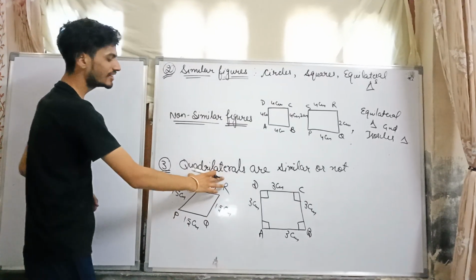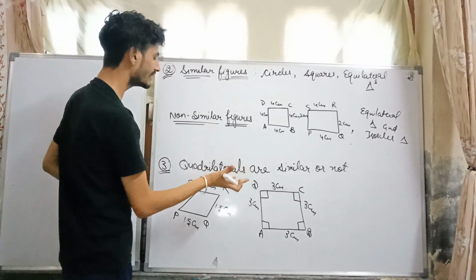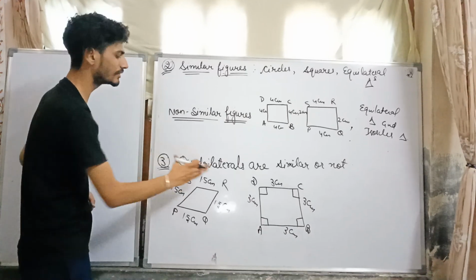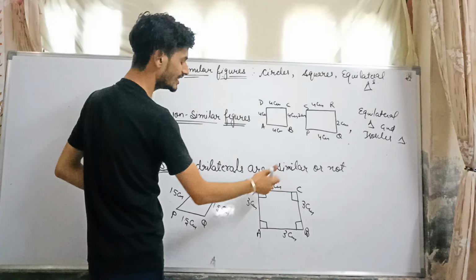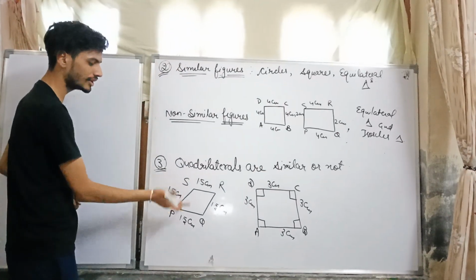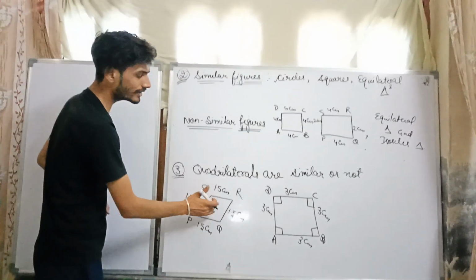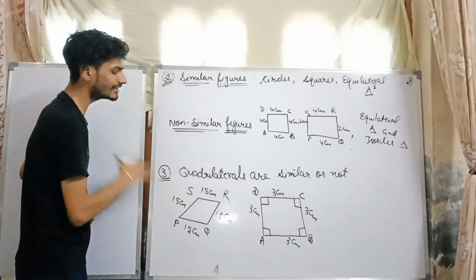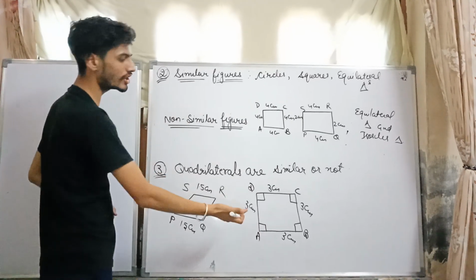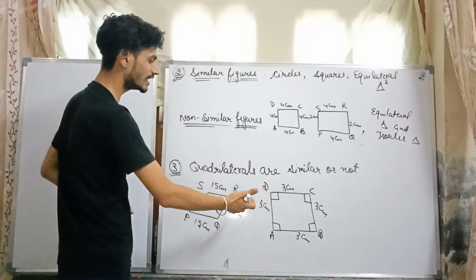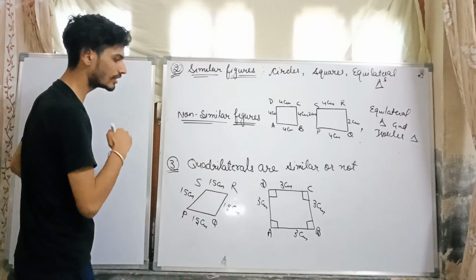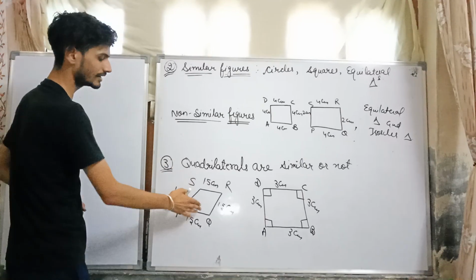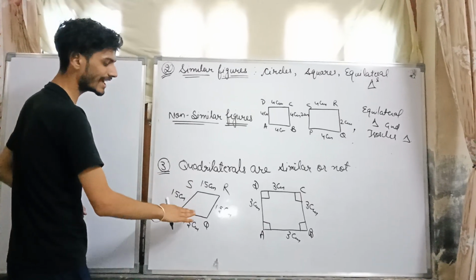The third part is to provide the similarity or non-similarity conclusion about the quadrilaterals. So if we have PQRS as a quadrilateral and ABCD as a quadrilateral, then in the first shape we know that no angle of 90 degrees is maintained, but the second shape provides angles of 90 degrees. So it is the first condition that the angles of both the shapes are not similar to each other. This shape doesn't provide an angle of 90 degrees.